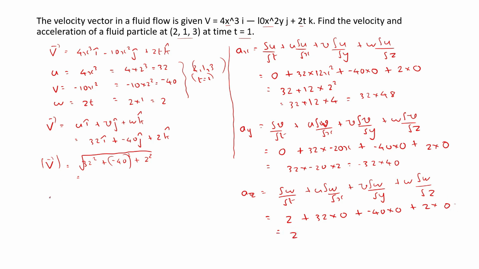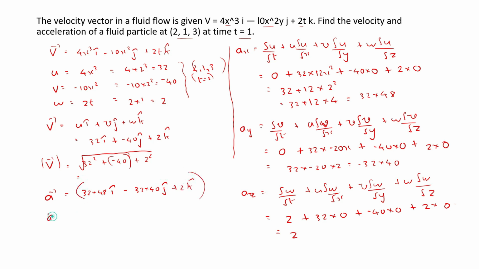So the acceleration vector can be written as 32 into 48 i cap minus 32 into 40 j cap plus 2 k cap.